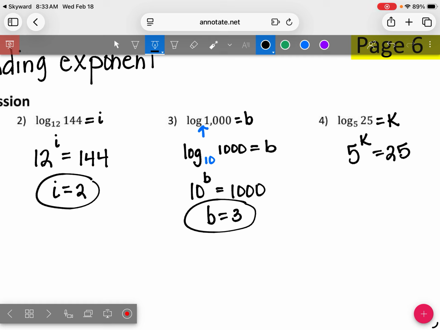So what is the K? What does K have to be? 2.